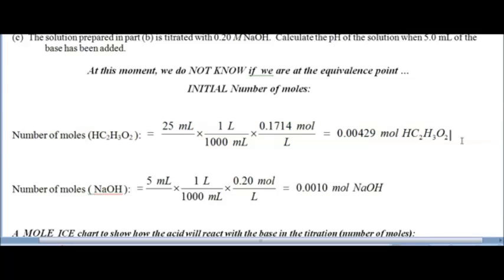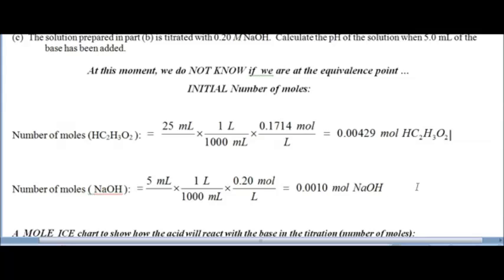One very nice aspect of this question is that the number of moles of acetic acid will remain the same throughout the whole question. In other words, this will be the amount of acid that we place in the Erlenmeyer flask, and then we'll be titrating it with our sodium hydroxide, our strong base.